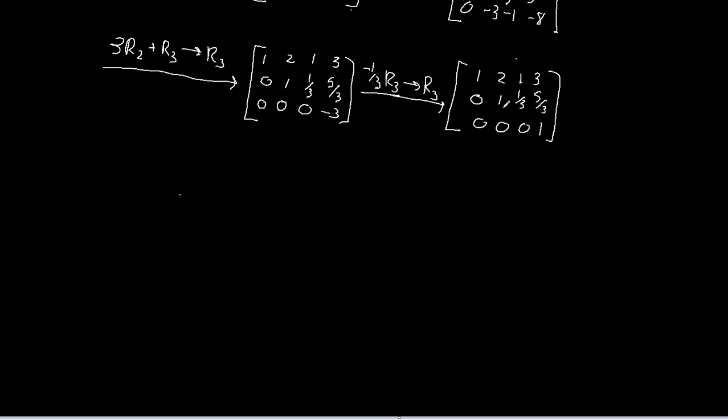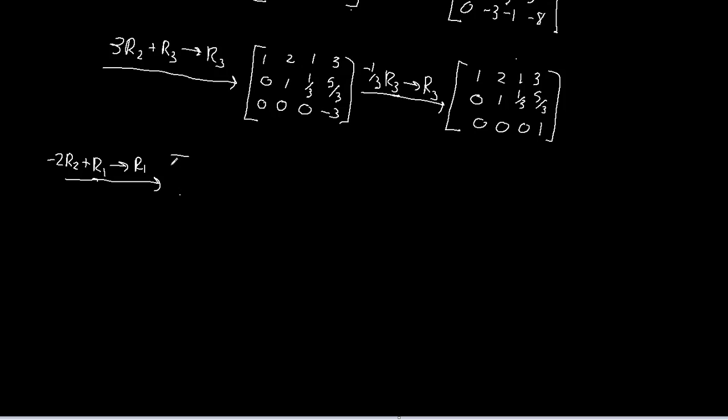We have this one right here. How do we get rid of this 2? Well, we multiply this row by -2, right? And then we add it to row 1. So we're going to do -2 row 2 plus row 1 goes into row 1.